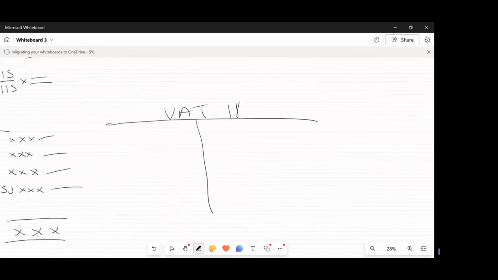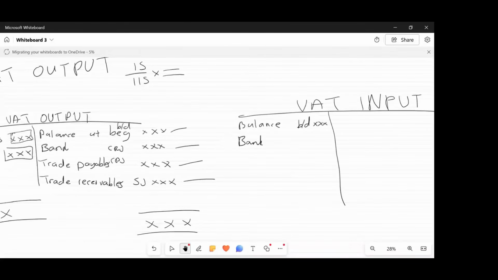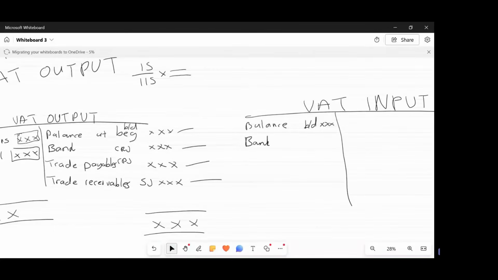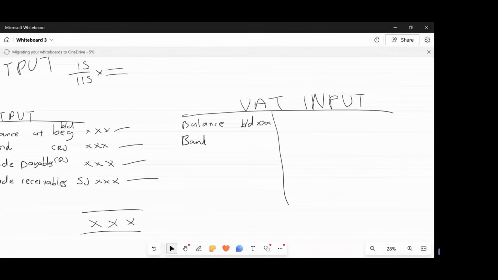Everything that was on the credit side in our VAT output is now on the debit side of the VAT input. So it's the same thing: bank, CRJ, and then you have your trade payables, and then you have your trade receivables.